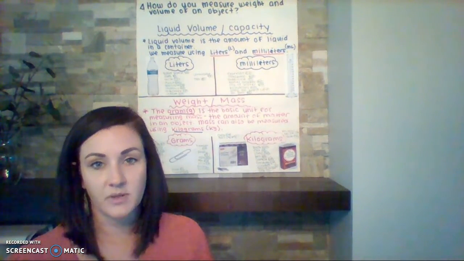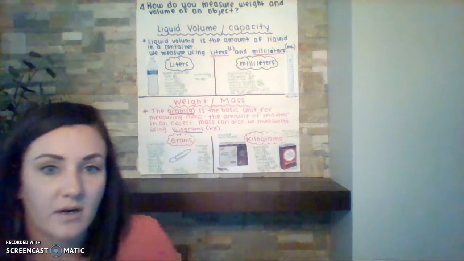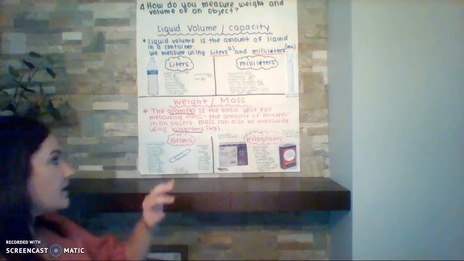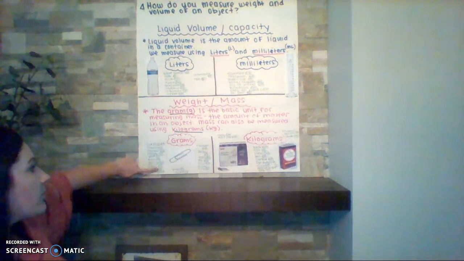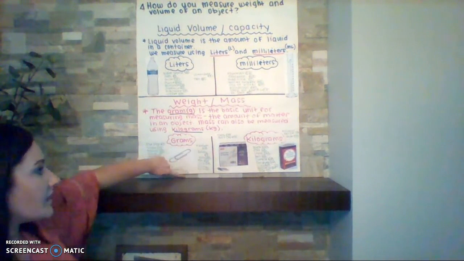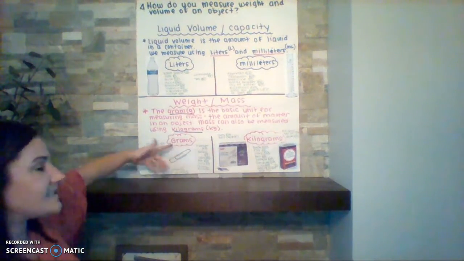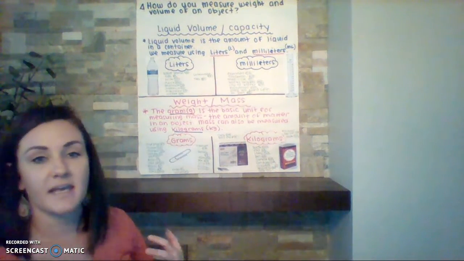As you look behind me, with my last year's students, we listed some things that we would measure with grams and some things that we would measure with kilograms. Some examples with grams would be a glue stick, a pebble, a marker, a leaf, some coins, a pen, sticky notes, paper, crackers, and so on.